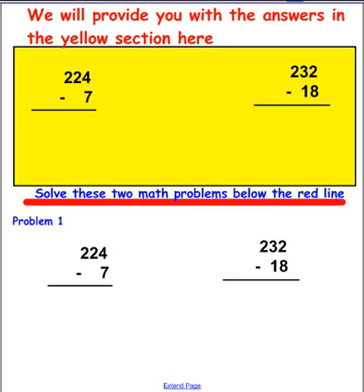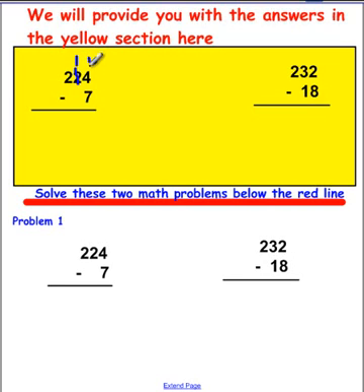Lesson 1, Problem 1. If you look above here, we will do the same problem you did, and hopefully we will do it the same way. You'll notice that the 4 is greater than the 7, so we must regroup. What that means is we have to go over to the tens column. This is no longer a 2 because we're going to borrow a 10, and that makes it a 1.